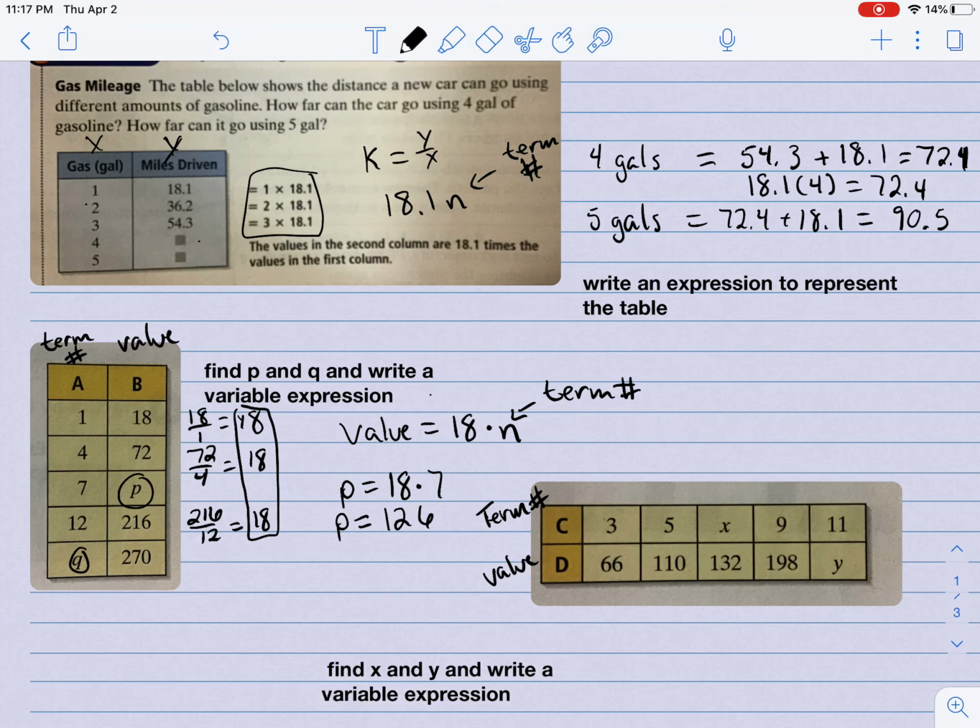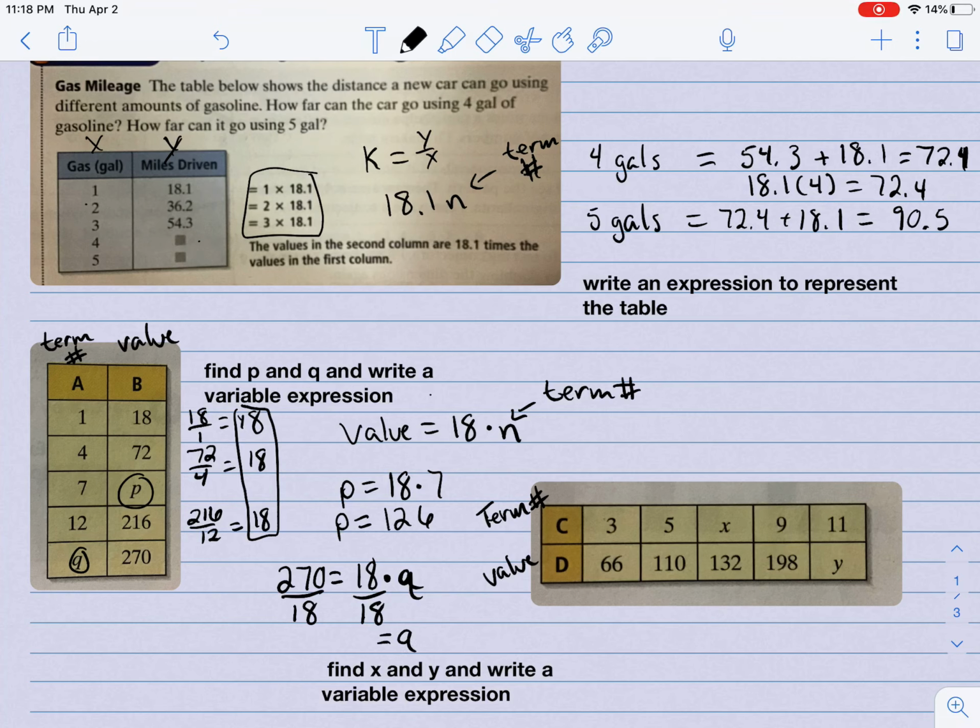Okay, likewise, now we want to find what q is, but q is now the term number, so still the same, except our value is 270. We're still going to multiply by 18, and we're just multiplying 18 by q. Okay, but we want to solve for the variable q, so we use the steps for solving a one-step equation.